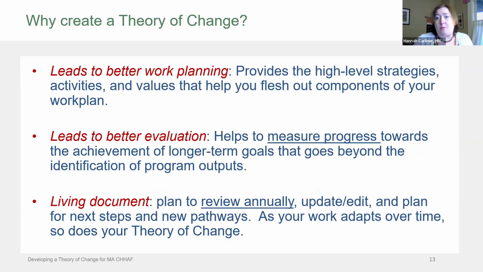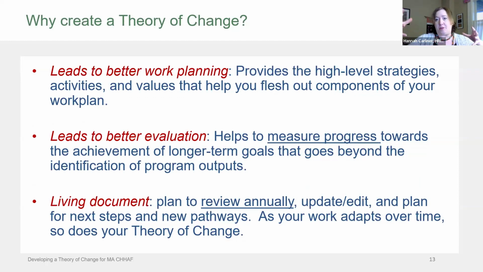In addition, and this is why the theory of change is part of this series that we're doing, with a theory of change and then a work plan and then an evaluation plan, it can help lead you to better work planning. I know you all already submitted a draft work plan. These documents can feed into each other.